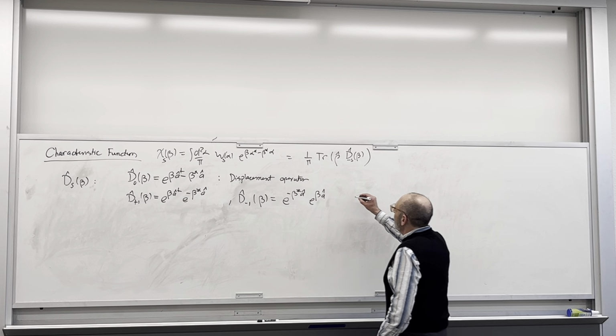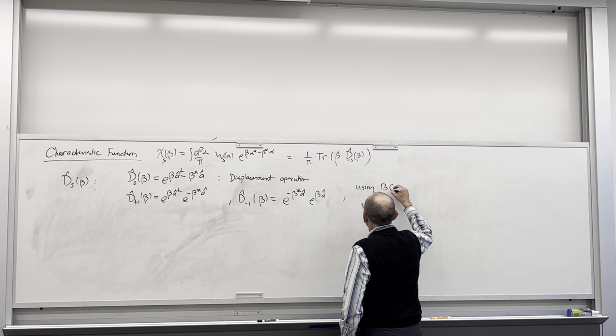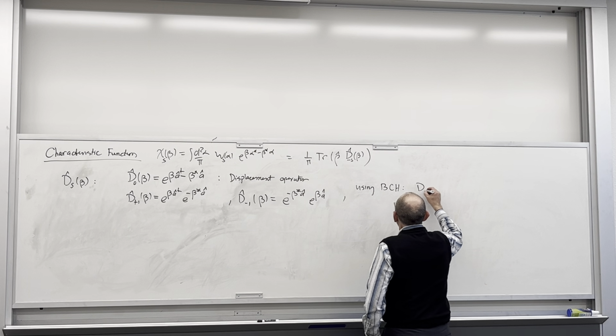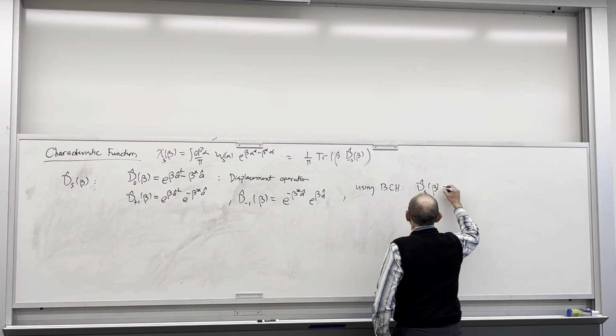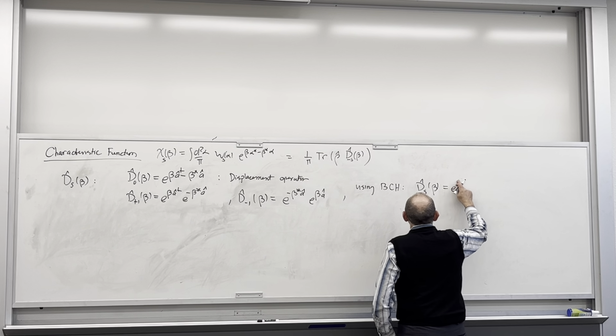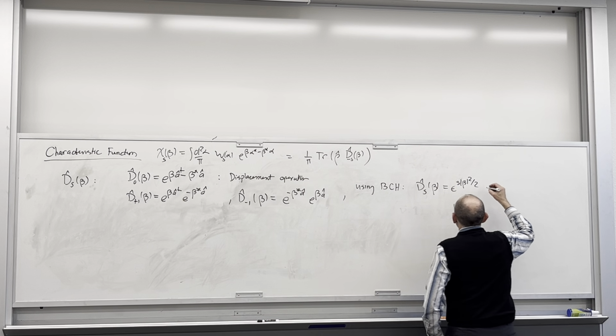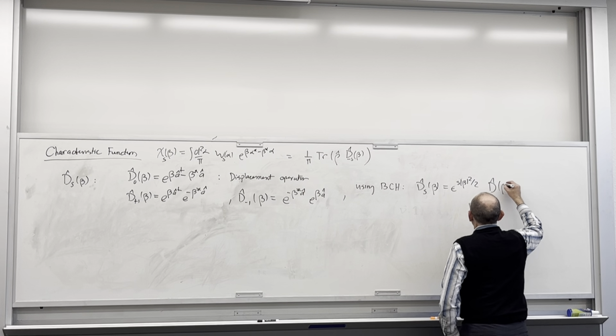And using Baker-Campbell-Hausdorff, what we have is that the S-ordered displacement operator can be obtained by a Gaussian weight-like thing, something that's quadratic in beta, multiplying the displacement operator.